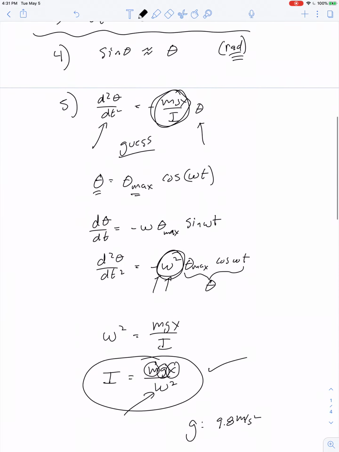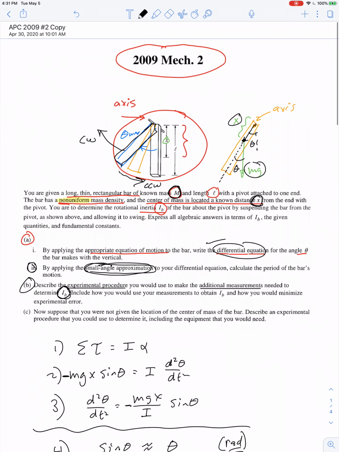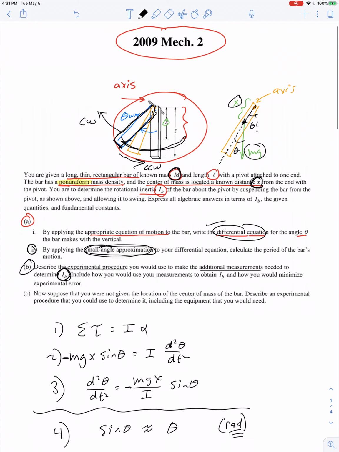Now, you could grab a stopwatch, pull it back to some small angle, release it, and by the time it comes back to you once, stop the stopwatch and you would have measured the period. The problem is we have a fair amount of error in starting and stopping our stopwatches. Either we have delayed reaction time or we have anticipation, and so our timing can go long or run short.